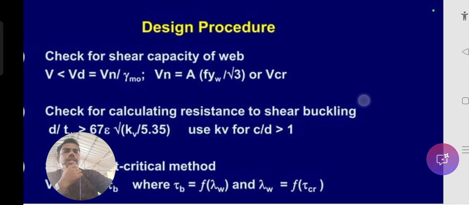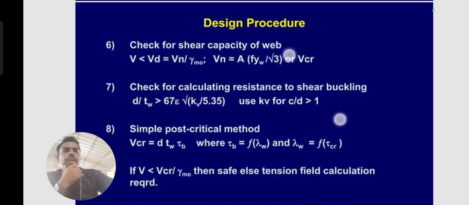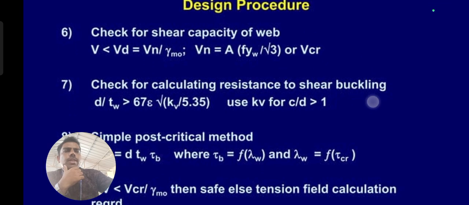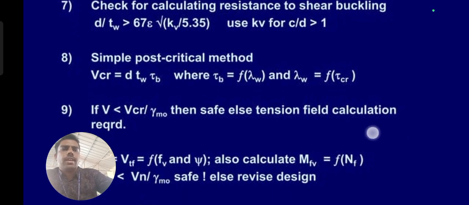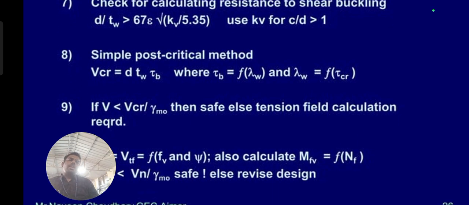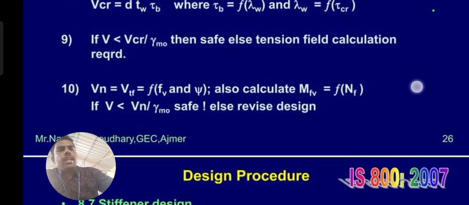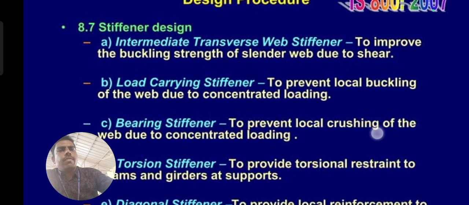Using these three checks, we work in different ways, but only some of the calculations need to be considered here, that is the simple post-critical method and the tension field method, how the c by d values are maintained, the safe tension field calculations, and stiffeners like intermediate stiffeners, load carrying stiffeners, bearing stiffeners and torsional stiffeners, which you have to provide at that particular location.